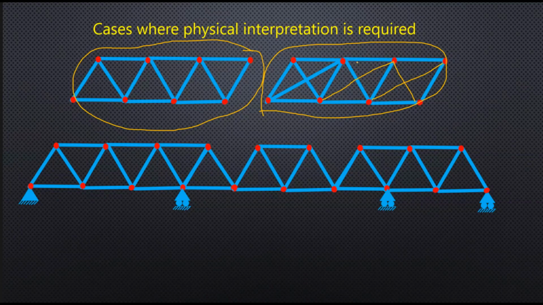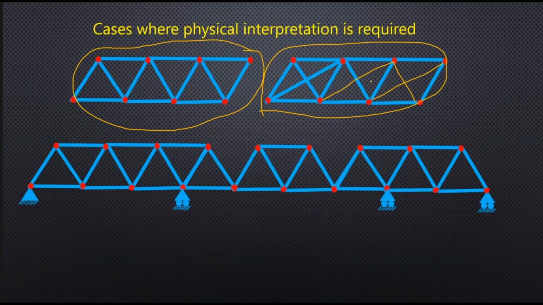If I add more members, that means I have more members than is needed for the geometric unchangeability of the truss. So we call these redundant truss, and we count the number of members more than what is required for simple geometric unchangeability as indeterminate truss.